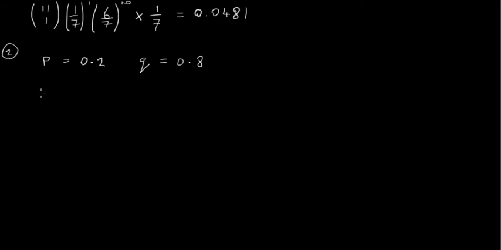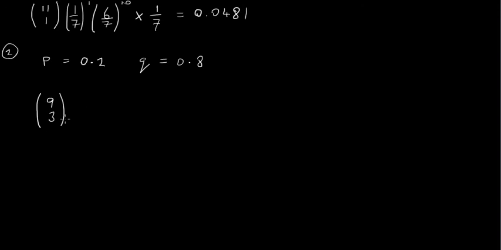So in this case, what we actually want to happen is for the first 9 phone calls we want 3 people to actually answer the questions, and then on the 10th phone call we want the 4th person to answer the question.